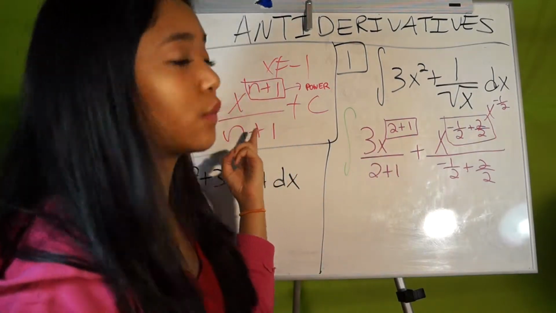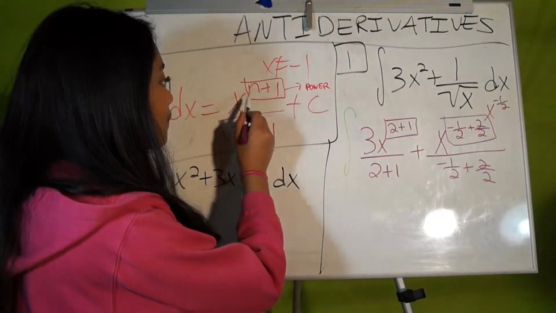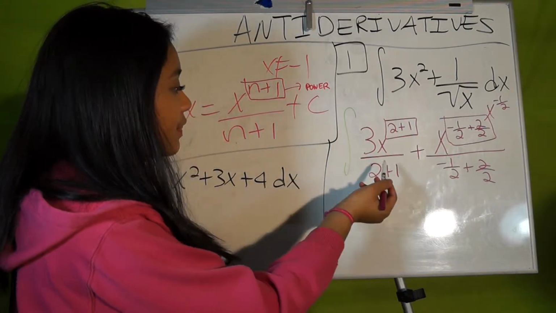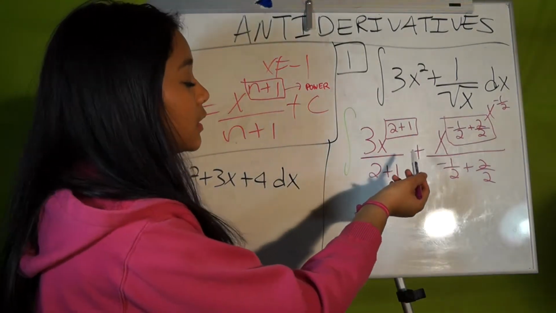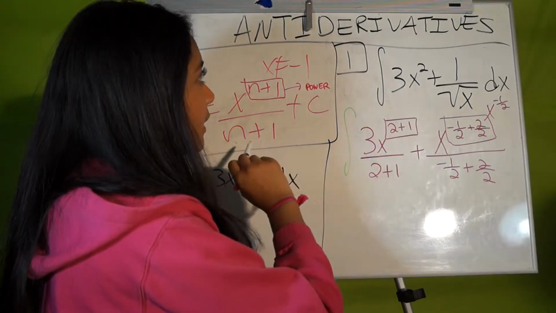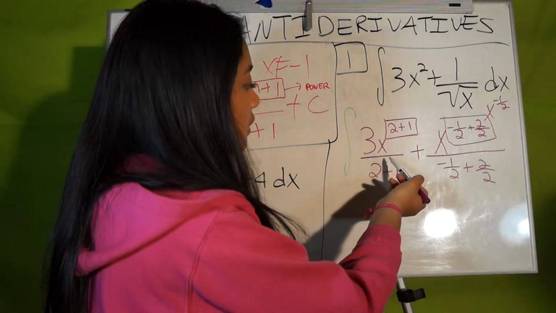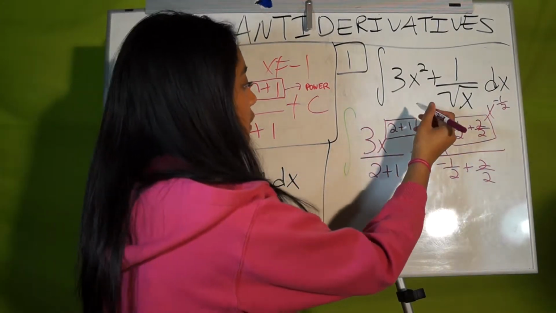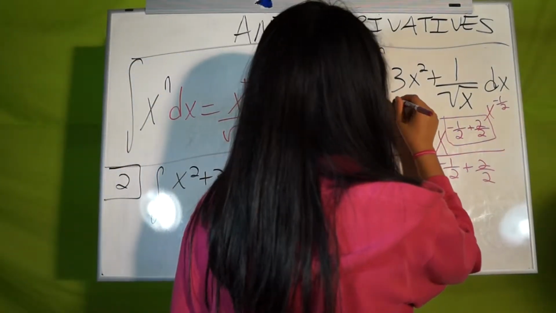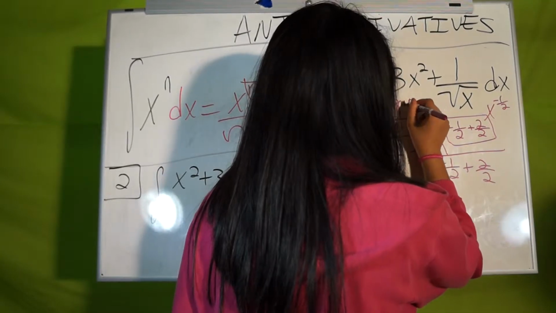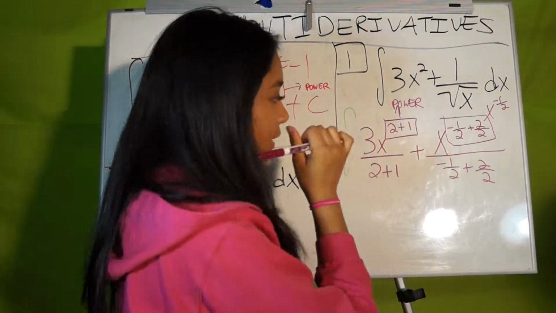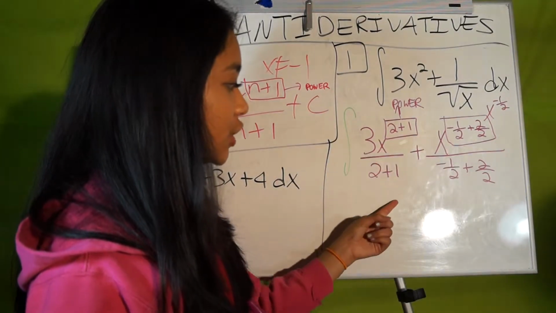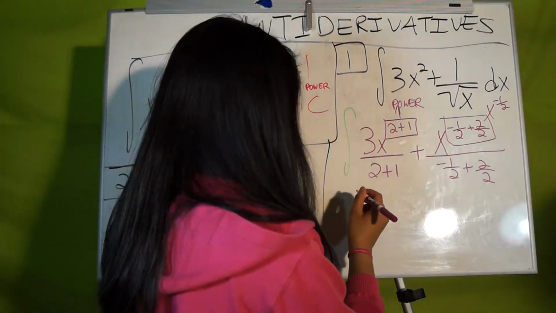That's just what the rule says: x to the n plus 1, all divided by n plus 1. Here, 3x squared, 2 plus 1, is our power, and we divide this 3x by this power, which is 3. Now I'm going to continue.